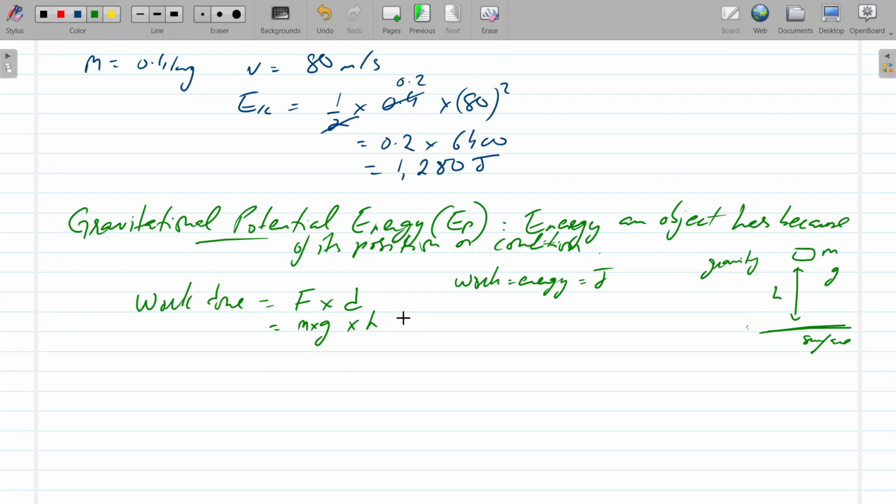The h is given as delta h, which is change in height, because in case of work done, we went from 0 up to whatever height you raised it to.